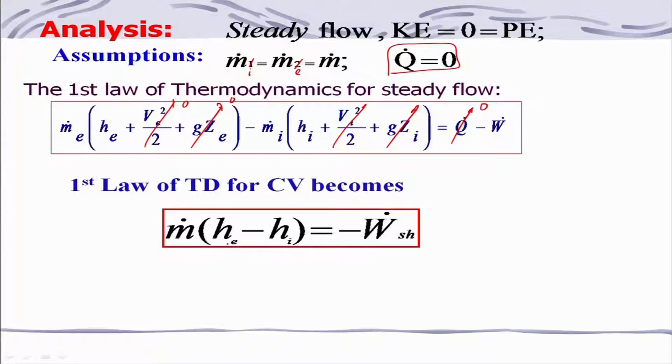Therefore, it comes to work. So, this is the equation for either compressor or turbine. Keep in mind that in some places we cannot afford to make this assumption that we have made. This assumption may not be valid, that we will see in an example.